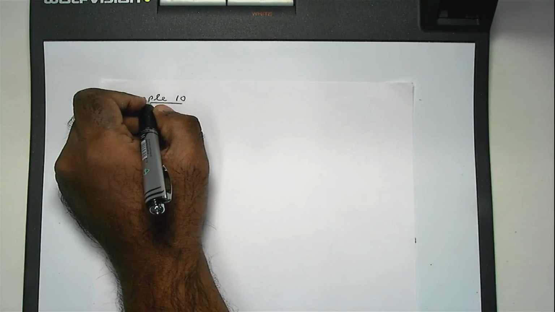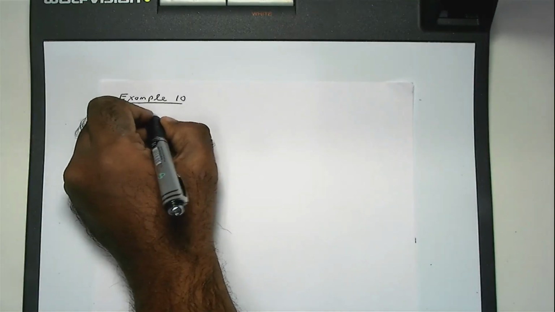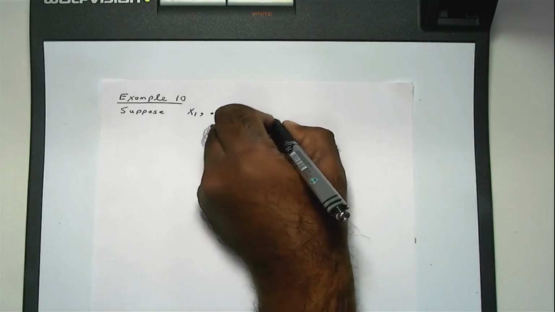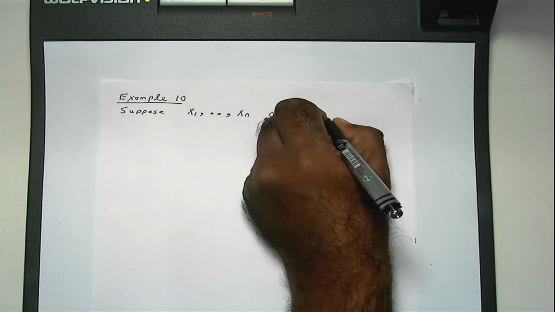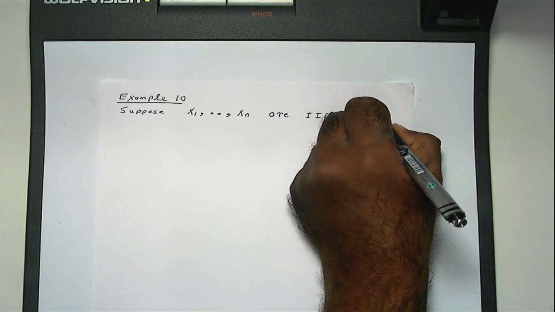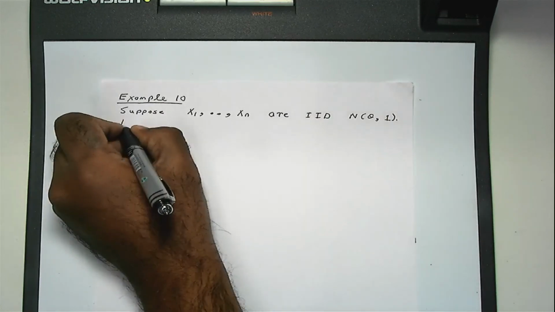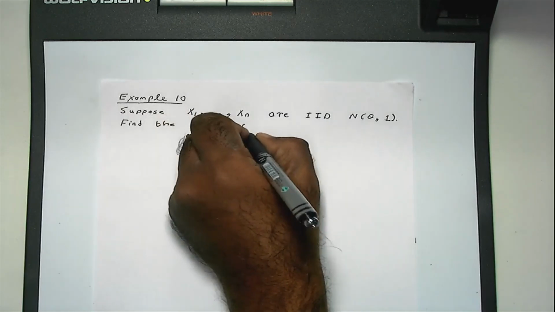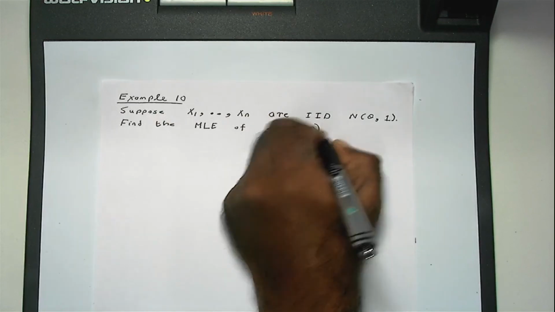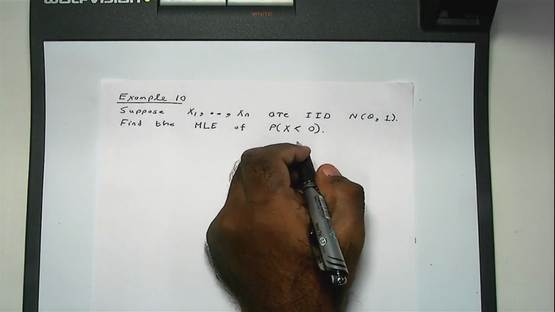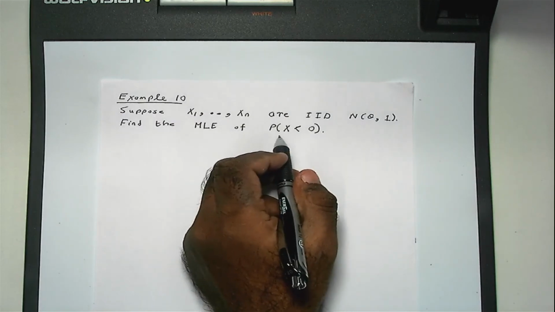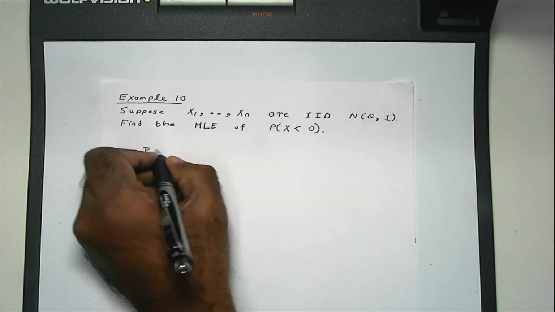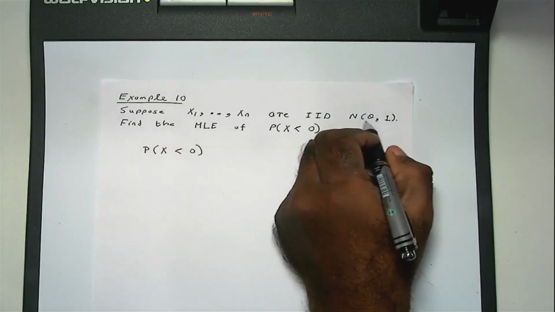So here, suppose... right. So the first thing, once again here, you must do is to find an expression for this, which is the probability that x is less than 0. x is a normal variable with mean theta and variance 1.